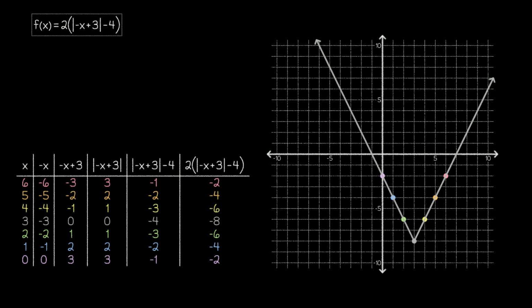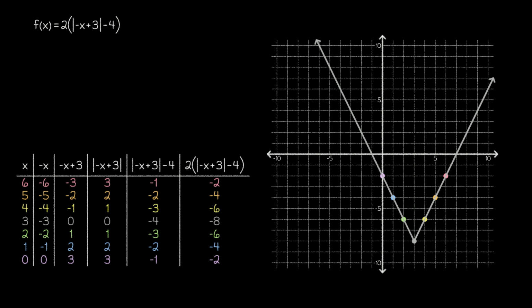You might notice something strange about this though. Inside the absolute value bars, we had a +3, which usually indicates a translation 3 units to the left. However, our graph moved 3 units to the right. We also had a -4 outside the absolute value bars, but our graph moved down by 8 units. So why was that?